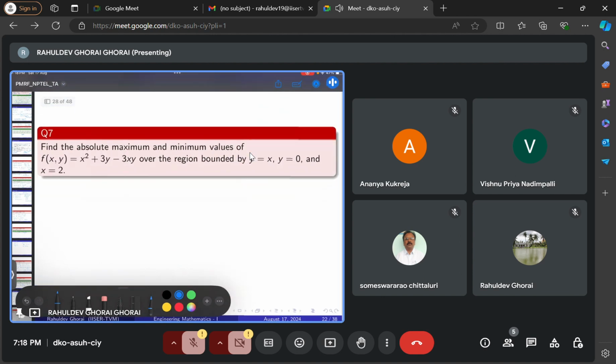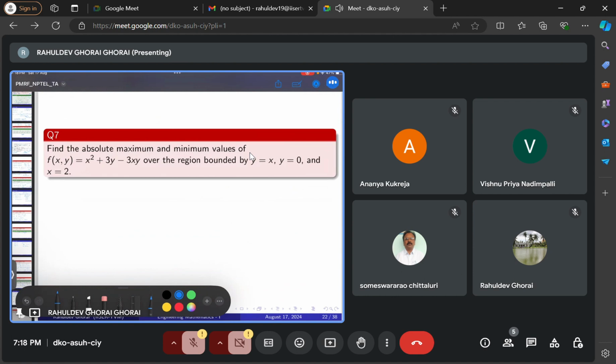Yeah, now it came to one of the good questions. Find the absolute maxima and minima values. So now we have to find an absolute maximum or minimum, not at a point, but over a domain, over a region bounded by these lines. What will this bounded region be?